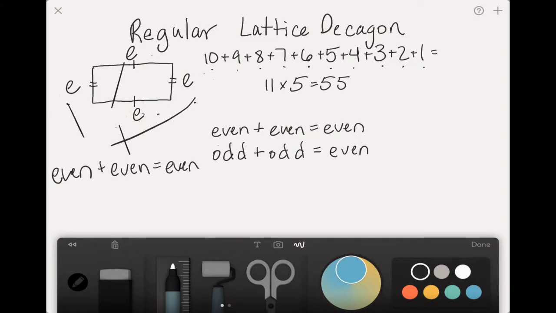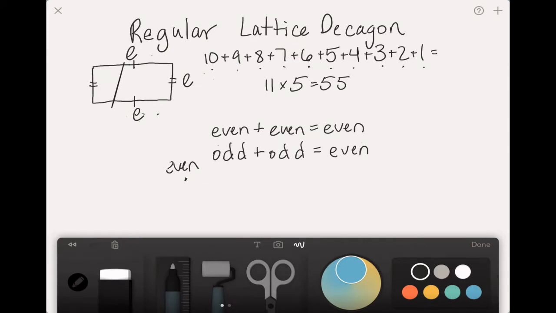So an even plus an even is an even, and an even plus an even is an even, and an even plus an even is an even. So what did we just prove? That the perimeter of a rectangle has to be even. This holds true for any rectangles, not just in regular lattice polygons.